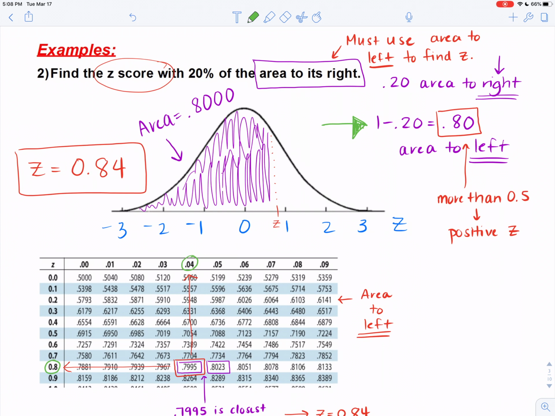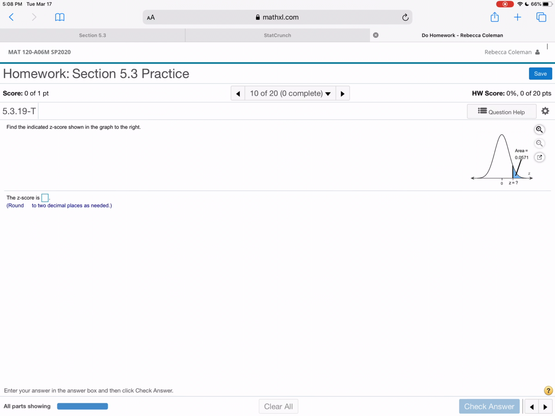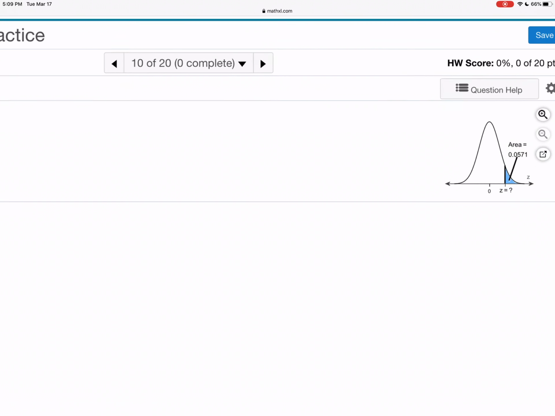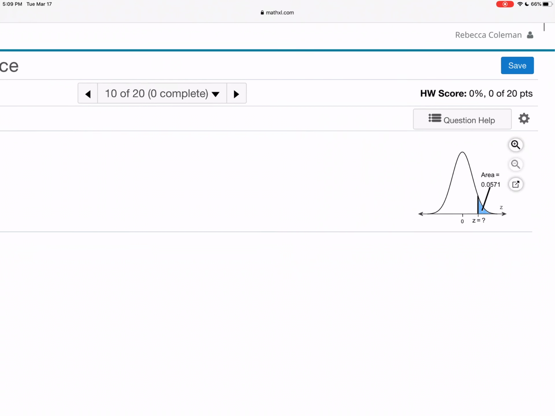All right, so let's look at one from the practice again, just to make sure we're clear on how to approach these things. So this is one of your practice problems. And in this case, you are given a graph where you're shown the area to the right. Right, so I'm given a graph right here, and what I want to note is I'm given an area, that's for starters, but more specifically, I am given an area to the right.